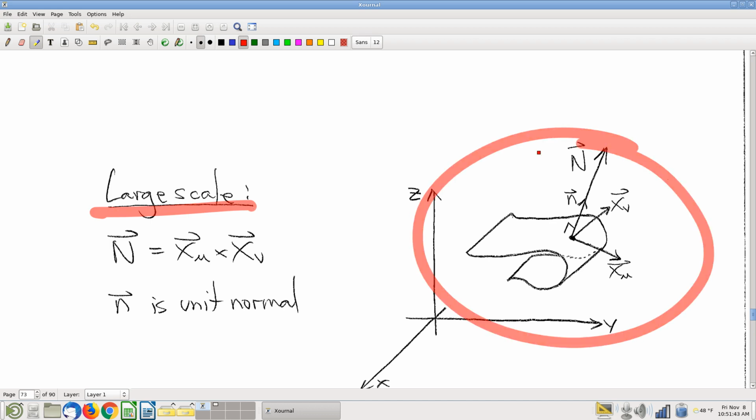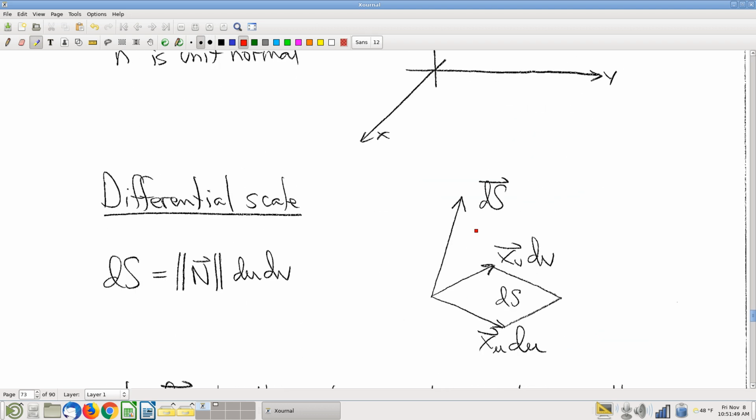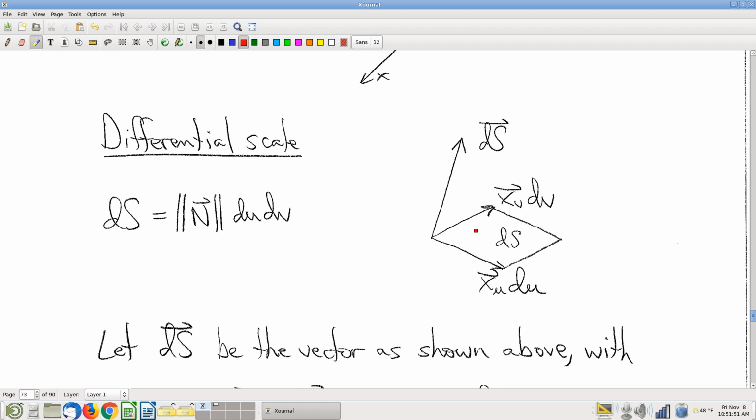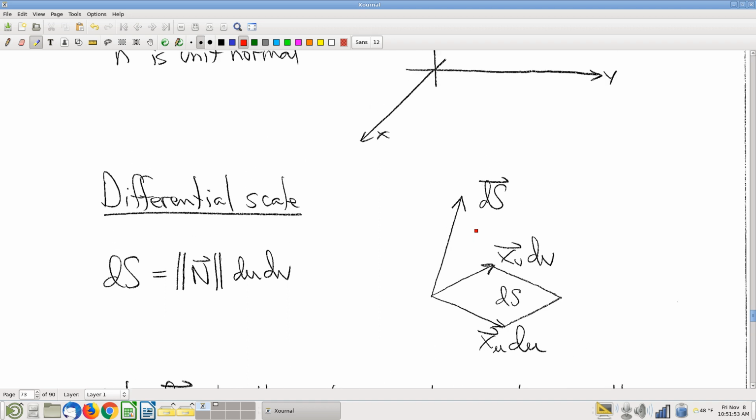Okay. But this is what I like to call on the large scale, maybe you'd call it the finite scale. All of these are things that are, I'm going to say, big. Now I'm going to talk about on the differential scale, by which I just mean all of these objects are differentials. So again, I remind you, don't think infinitesimal. That's not really a thing, right? But these are all differential things. Specifically, we were interested in computing a little piece of area. That little piece of area we call dS, and it's a differential amount of area.